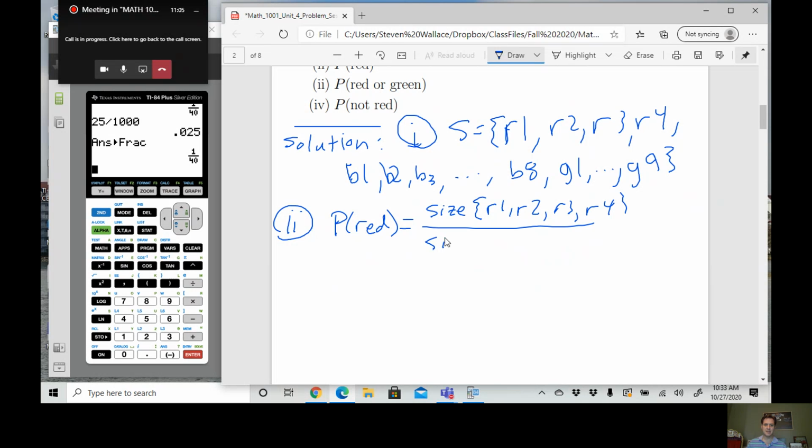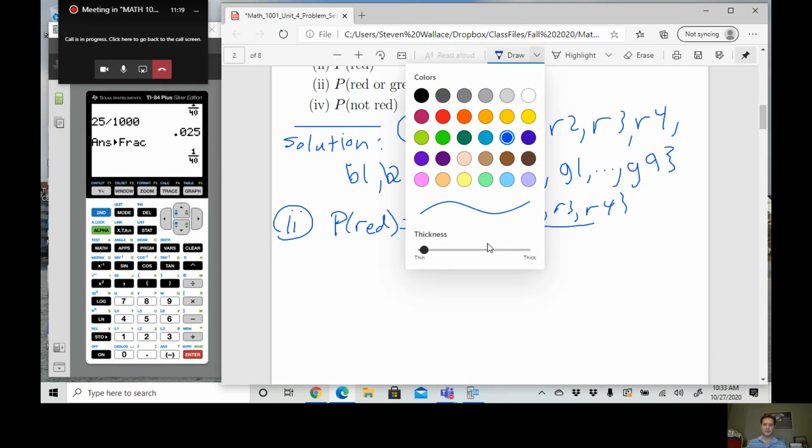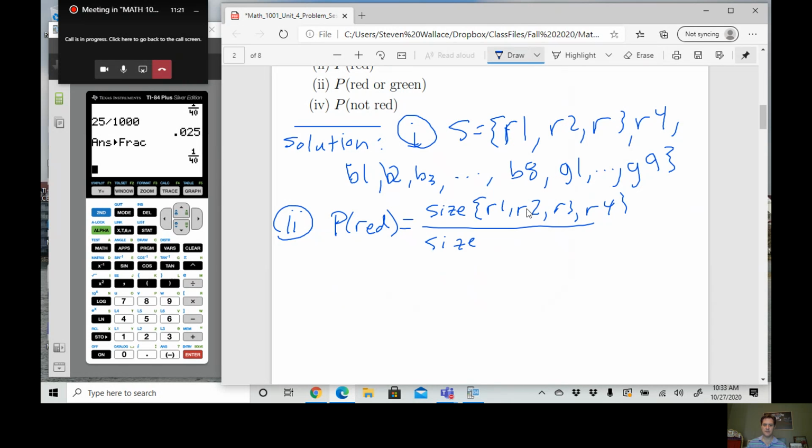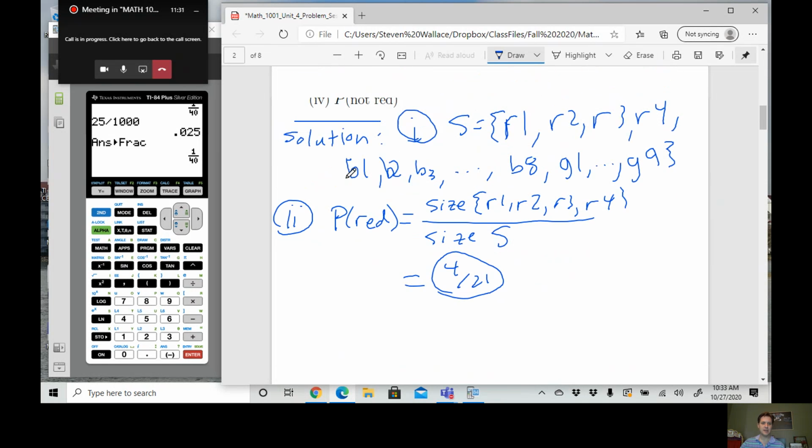And then the size of S is 21, the total number of marbles. So 4 out of 21, I have a 4 out of 21 chance to get a red marble. Does that make sense? All right. Oops, that's supposed to be a 3.